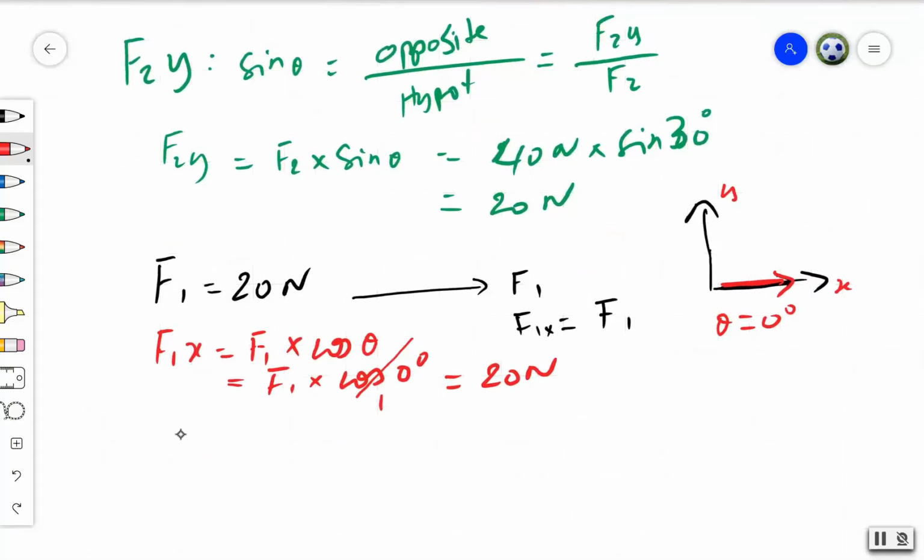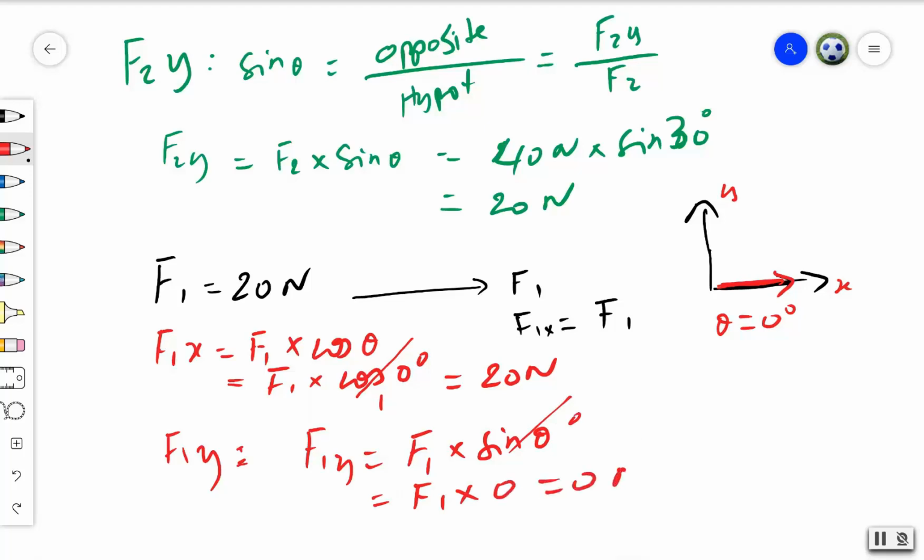What about F1y? F1 doesn't have any component in the y direction because it's parallel to x. If I take the sine of the angle, which is 0, F1y equals F1 times sine theta, which is F1 times 0, which is 0 Newton.